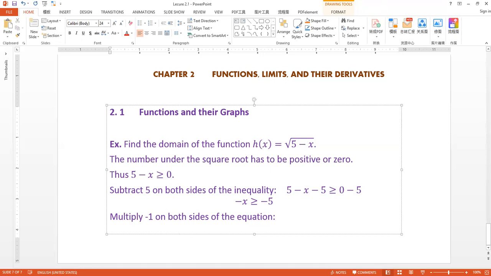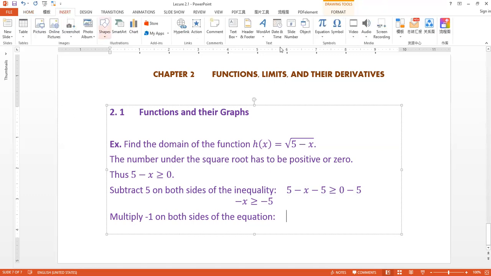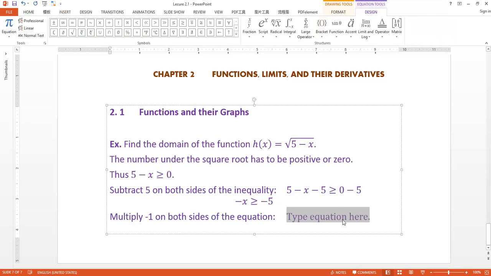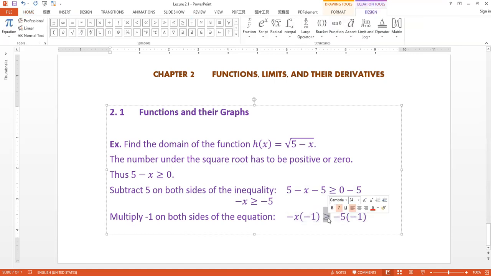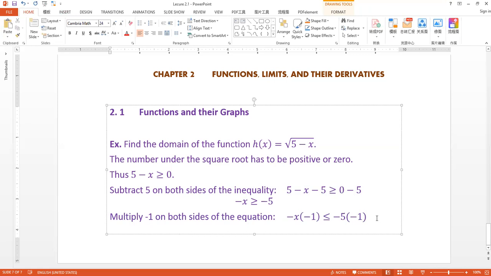So we need to multiply negative x by -1 on the left side and -5 by -1. Okay, and the reason we do that is because we want to get x instead of -x on the left side. So when we multiply an inequality by a negative number, we need to reverse or flip the inequality.